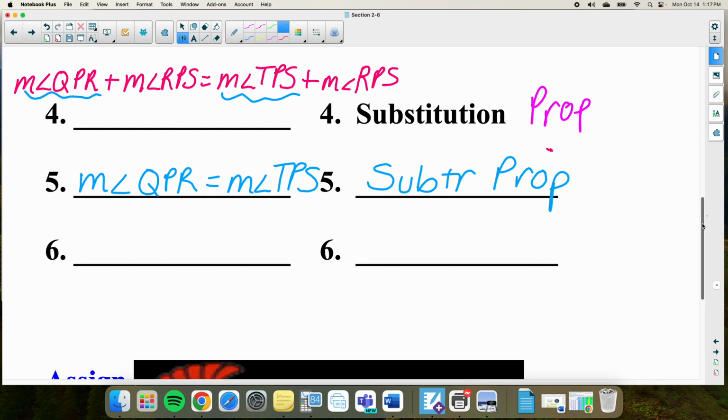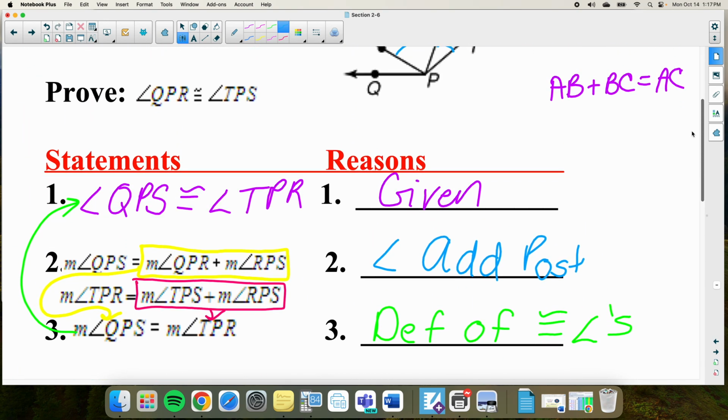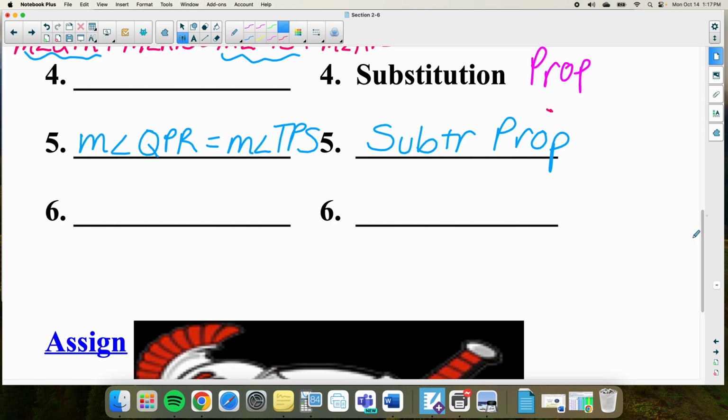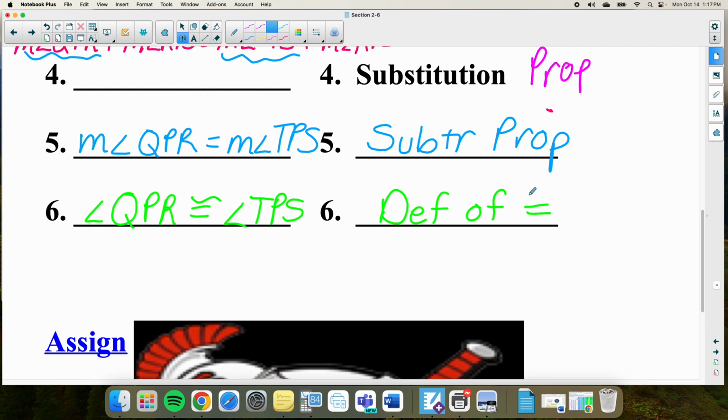And then the last step would just be to take the M's off and add the squiggly. So that would be angle QPR is congruent to angle TPS, and that is definition of congruent angles.